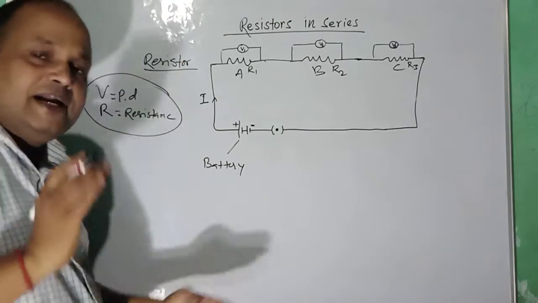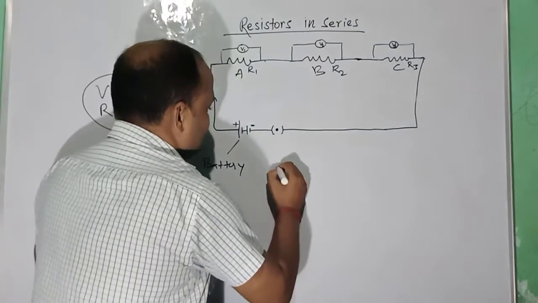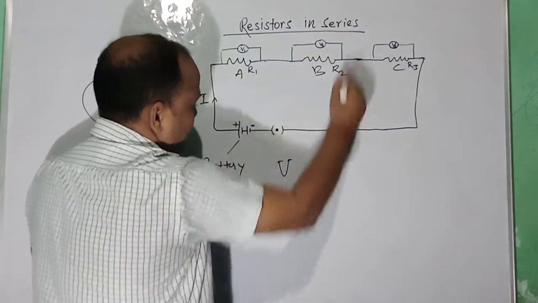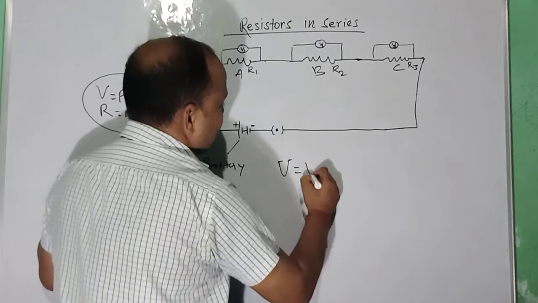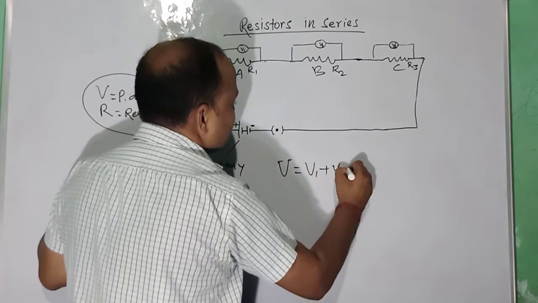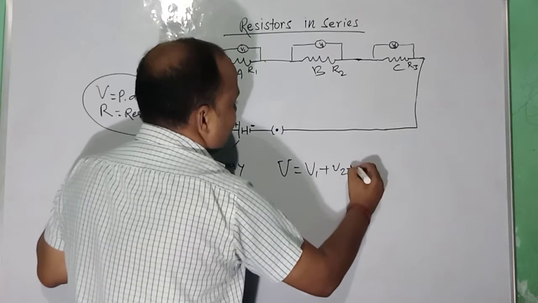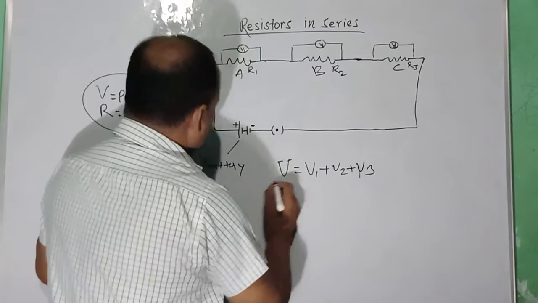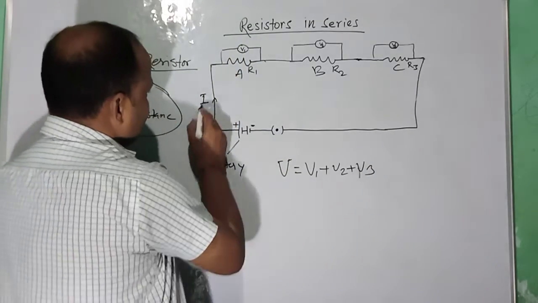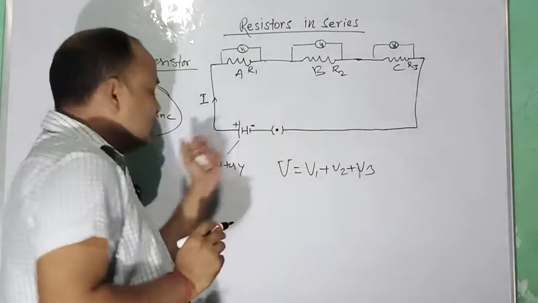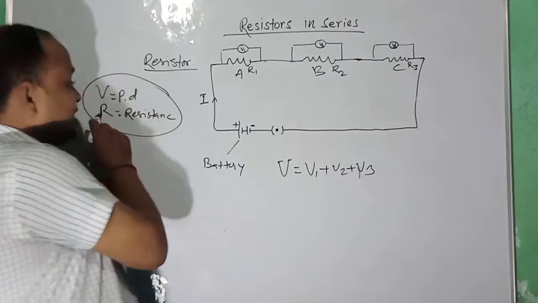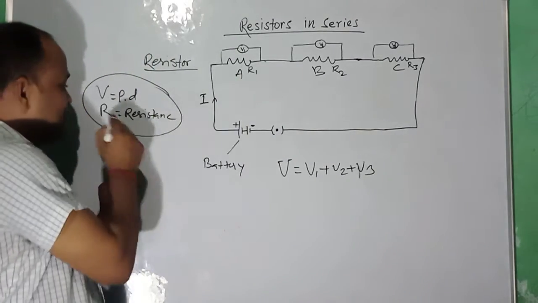Now experimentally it is found that the total voltage is equal to the sum of individual voltages, that is V1 plus V2 plus V3. So V is equal to IR, if the current I is flowing through the circuit and R is the total resistance of the circuit.